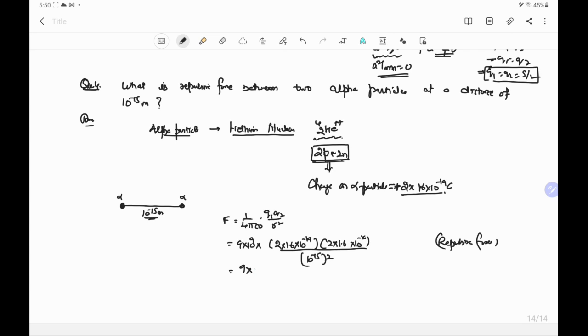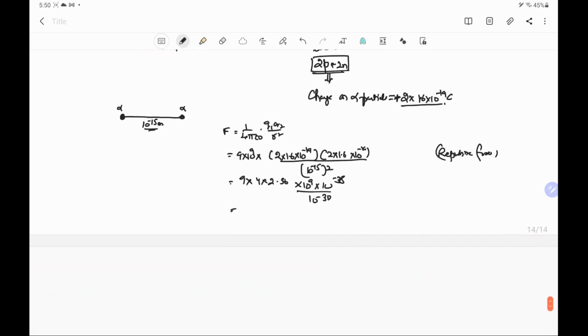Now we solve it. 9 into 2 into 2 is 4, into 1.6 into 1.6 is 2.56, into 10 to the power 9 into 10 to the power 38, divided by 10 to the power minus 30.